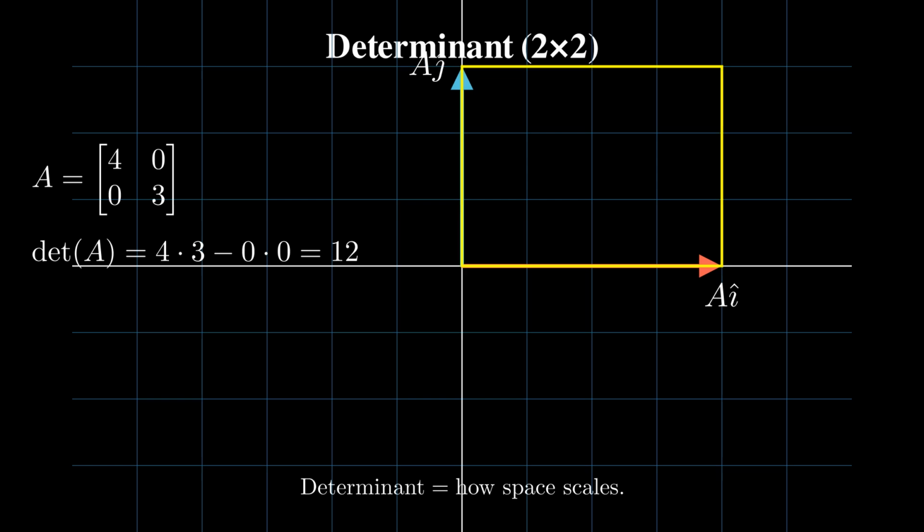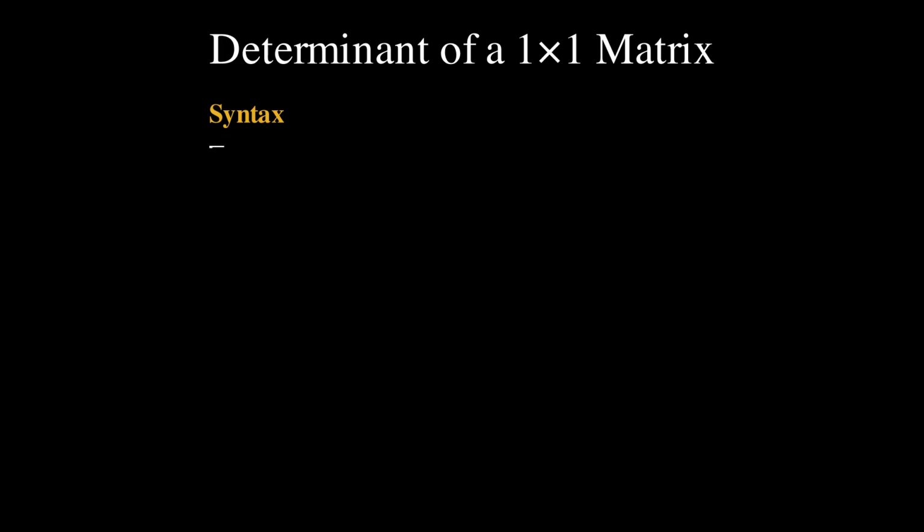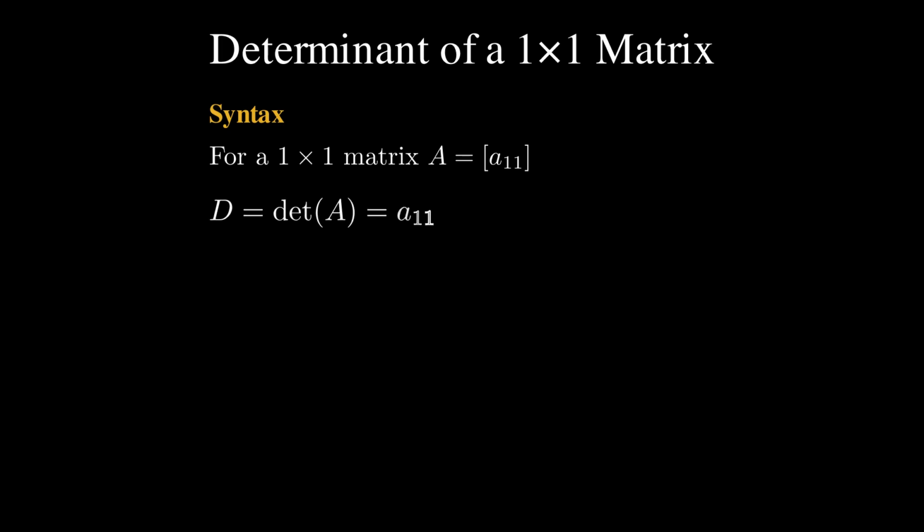Now, let's see how we can actually calculate it. Let's start with the simplest case, a 1x1 matrix. If A equals the 1x1 matrix bracket a1,1, then the determinant is just that single entry. We write D equals det of A equals a1,1. So, the determinant just reads off a1,1. For example, if A equals bracket 5, the determinant is 5.